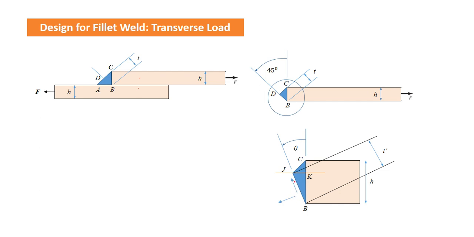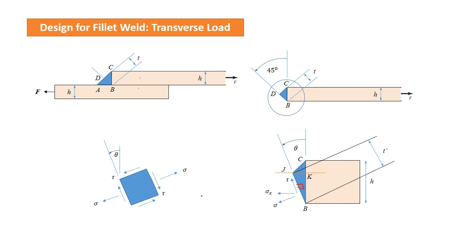The stress on this plane BJ will be some stress along the plane and normal to the plane. So let us designate this as normal stress, this as shear stress, and the sigma x was there because of this F. So now we can find out the state of stress at this point. If I take any small element around a point under consideration, then the state of stress on this element is given by this.